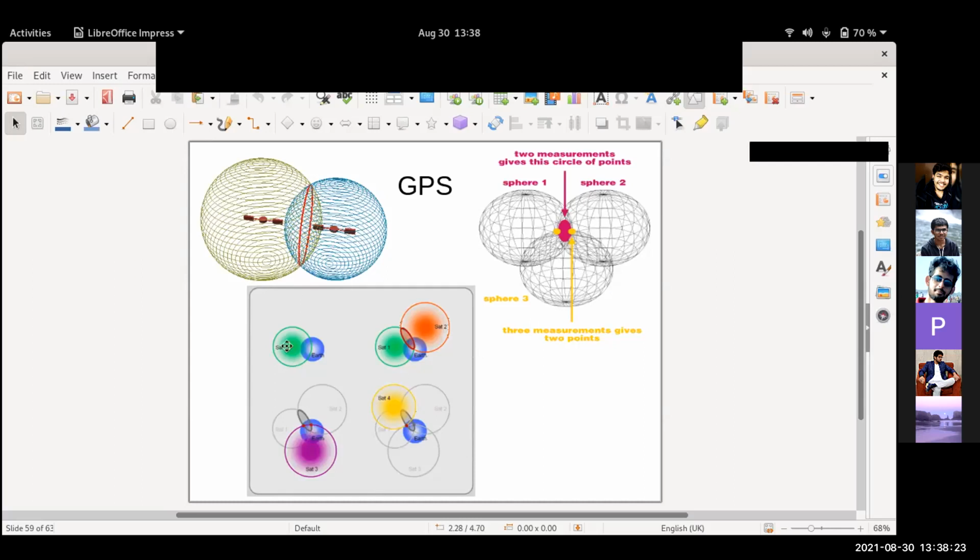If you have only one satellite, you are somewhere around the sphere. If you have two satellites, you know your position to be around a circle. If you have three satellites, you know it with respect to two points.